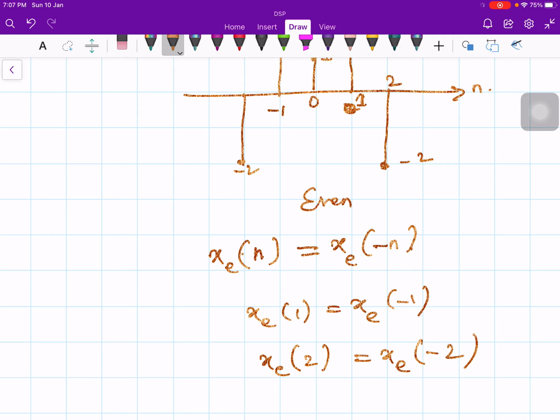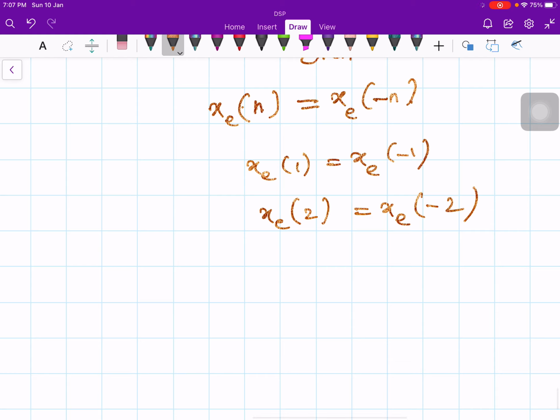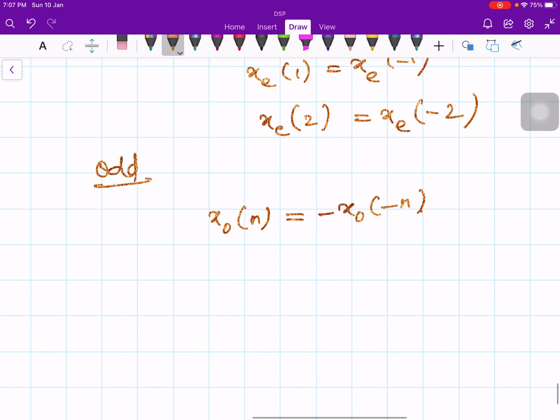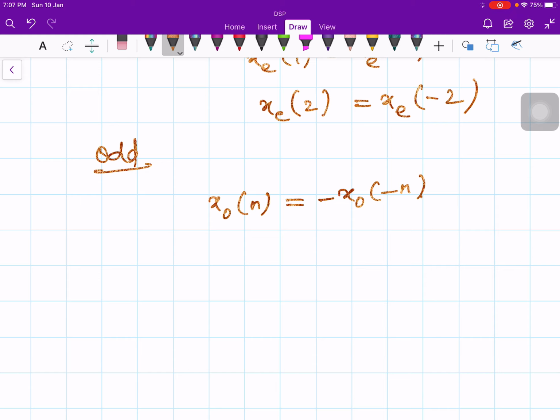So this is called an even signal. On the other hand, an odd signal is the one in which, let me denote by x suffix o of n, odd, is defined as the negative of x suffix o of minus n. That's it.